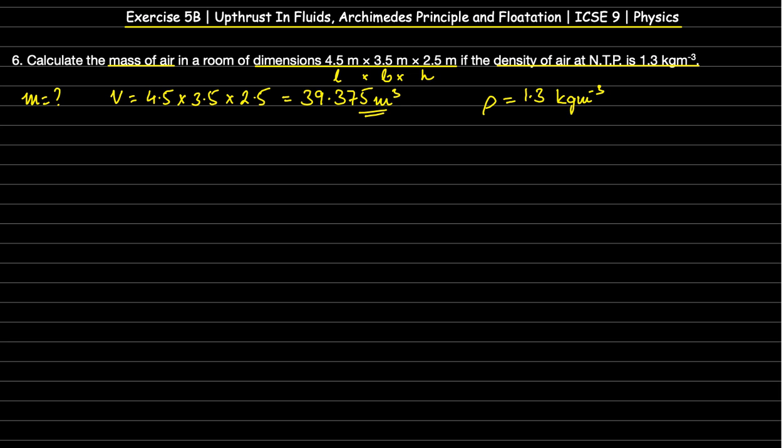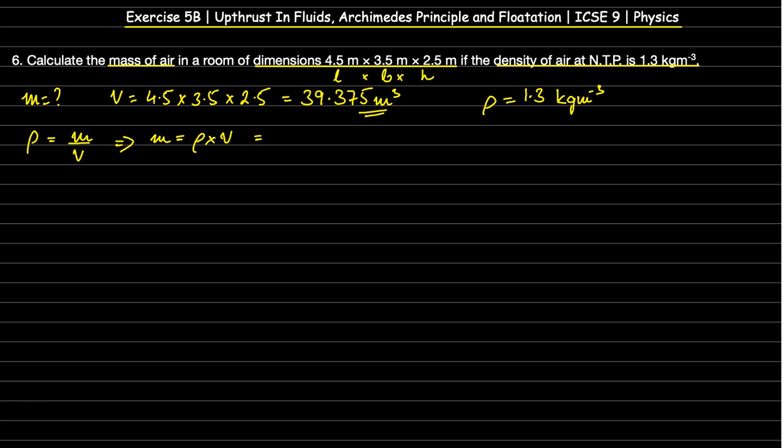So we know the formula, density is equal to mass by volume. So I would write here rho is equal to m divided by v. So m would be equal to rho into v.